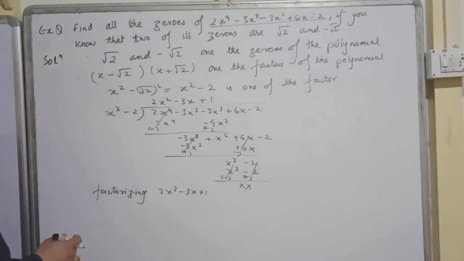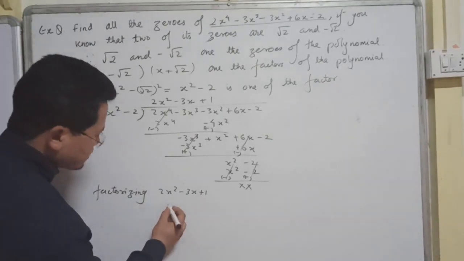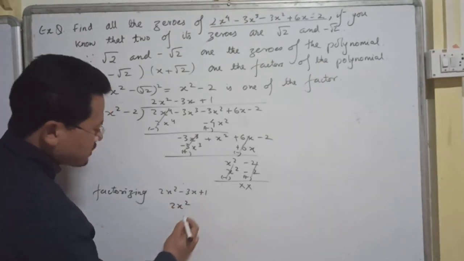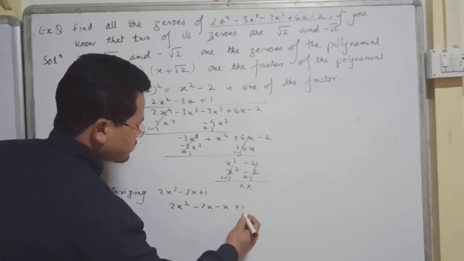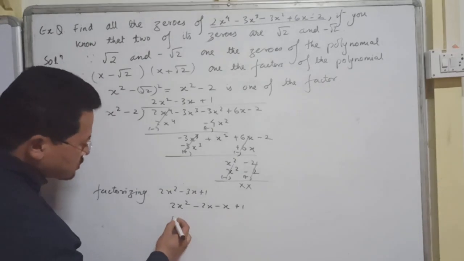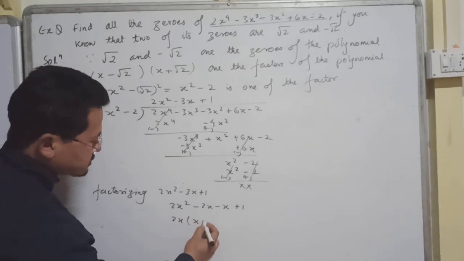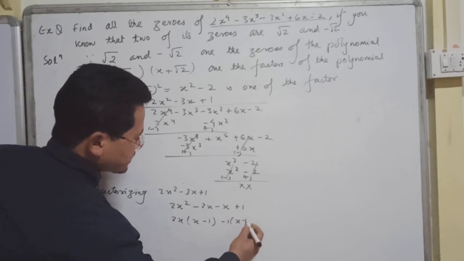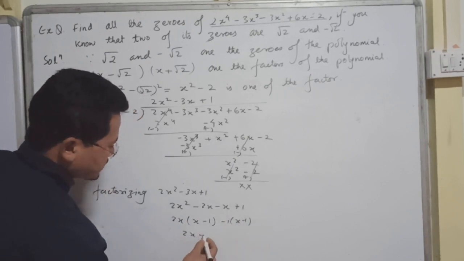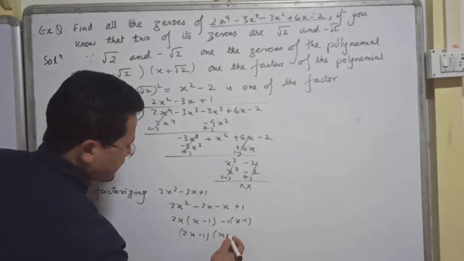If you need help in this factorization, you can always ask us. So we have 2x squared minus 2x minus x plus 1. So 2x into (x minus 1) minus 1 into (x minus 1). So we have (2x minus 1) and (x minus 1).